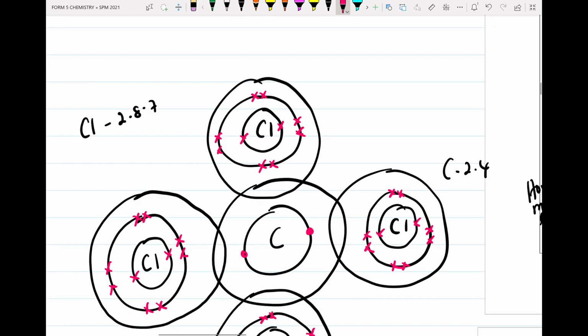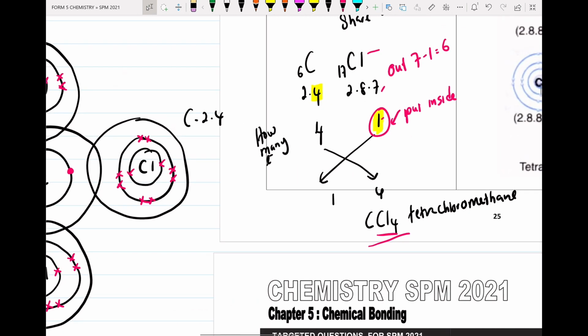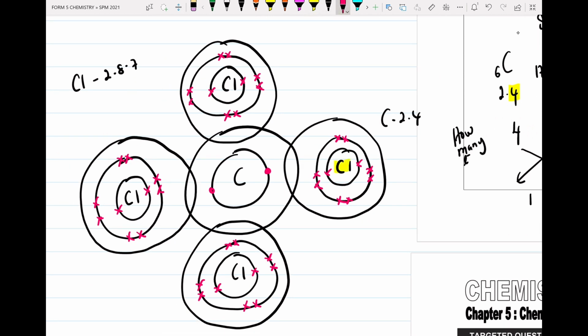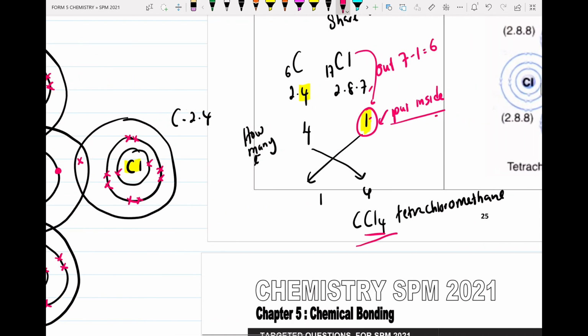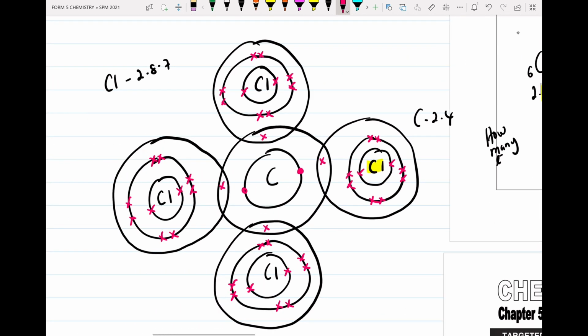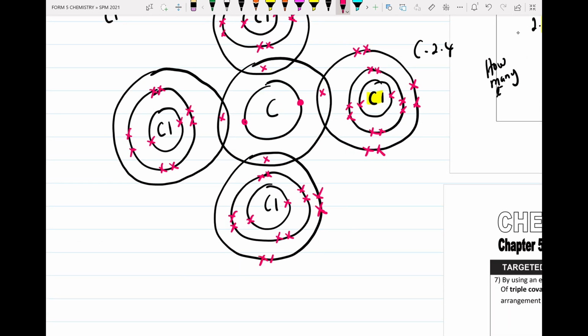Alright, now check this one. Each chlorine inside the sharing shell put 1. Outside of the valence shell put 6: 1, 2, 3, 4, 5, 6.